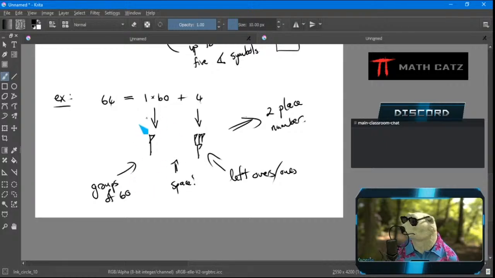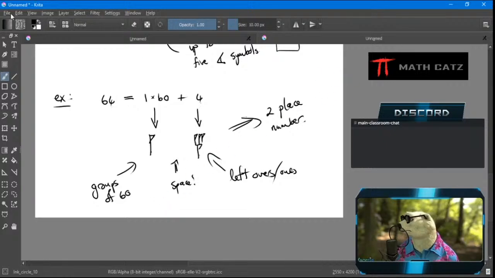So one group of 60 and 4 more in addition to that gives me 64. So in that way, by having multiple places, I can recycle existing symbols.